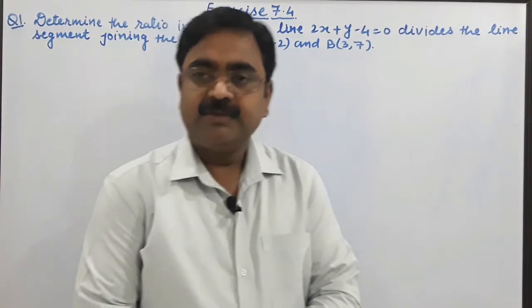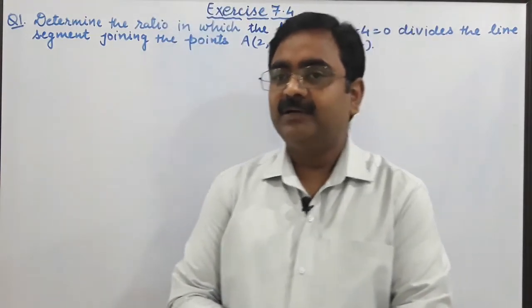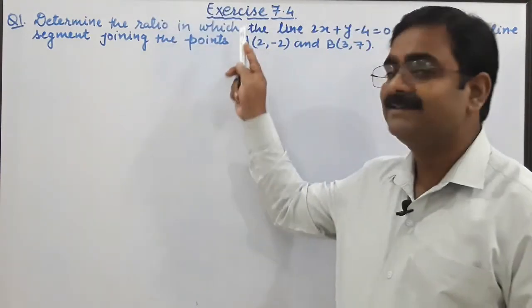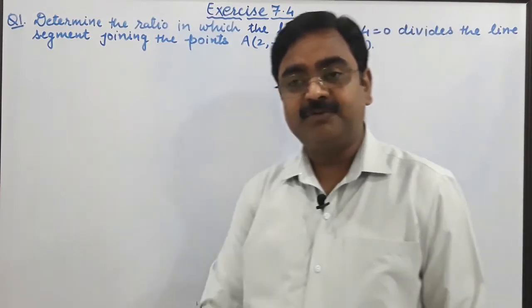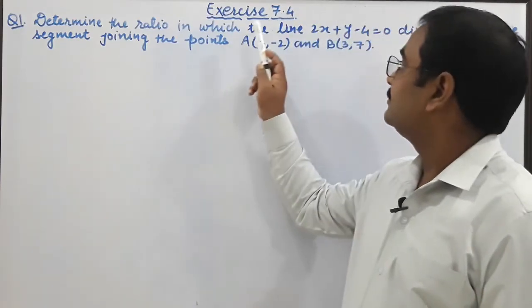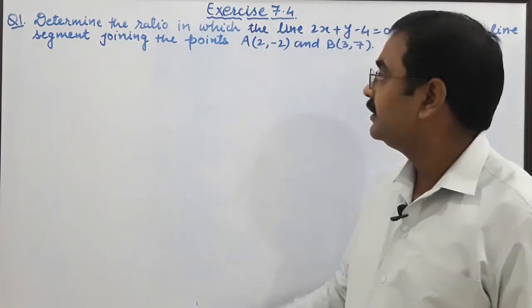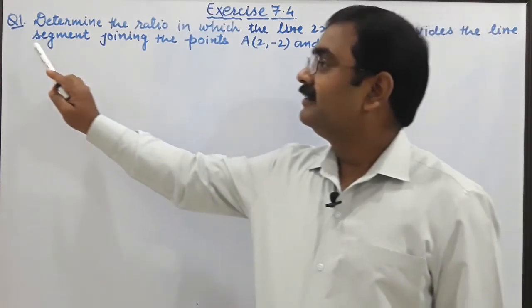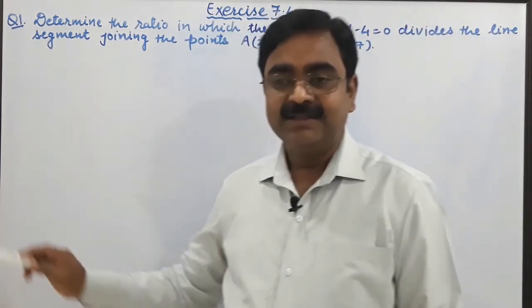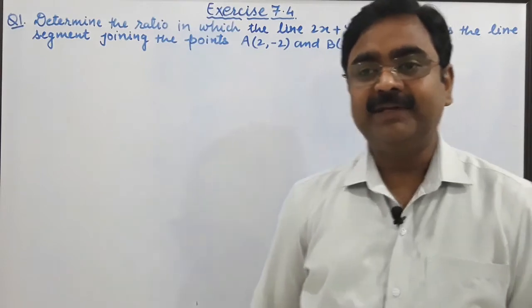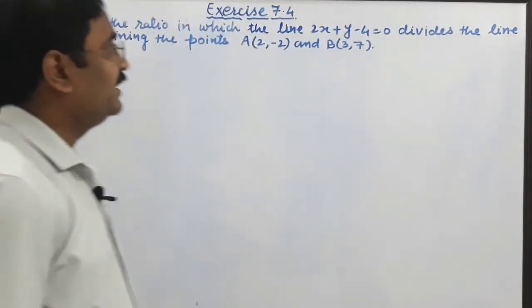Myself Suresh Vishwakarma going to present you the additional exercise of the chapter coordinate geometry, which is exercise number 7.4 and question number 1. Let us see what is given in question 1.